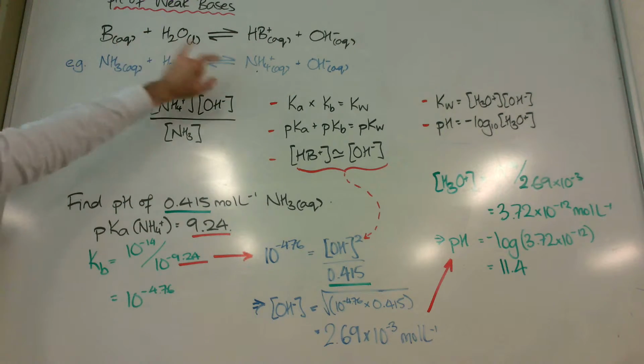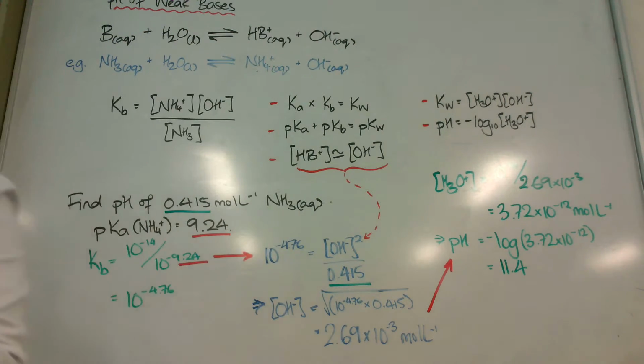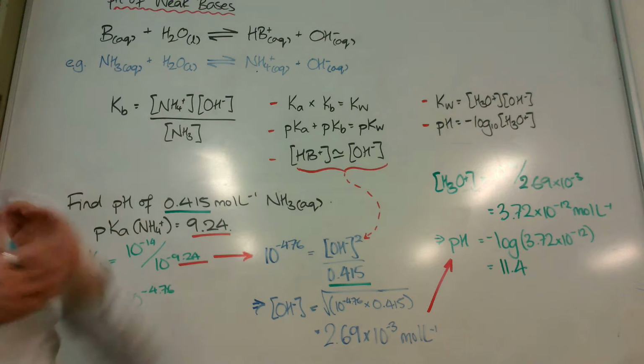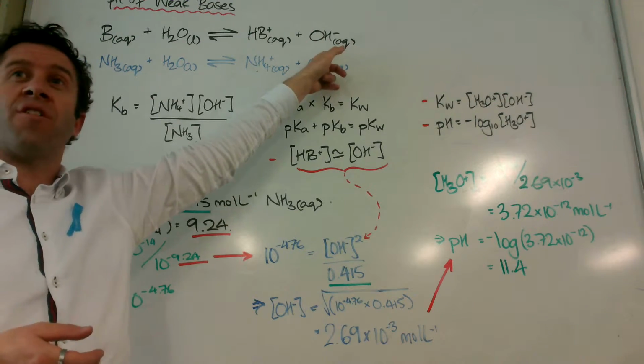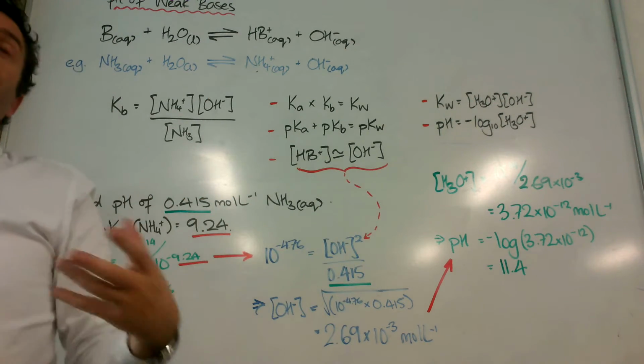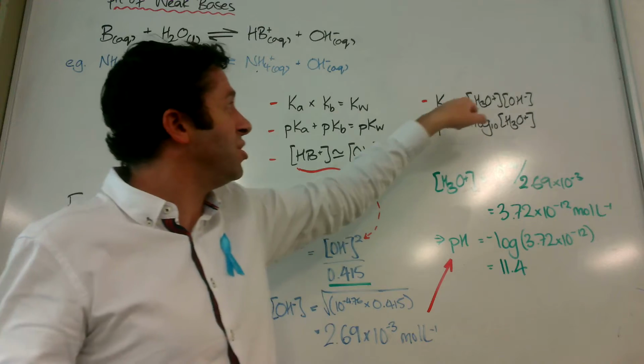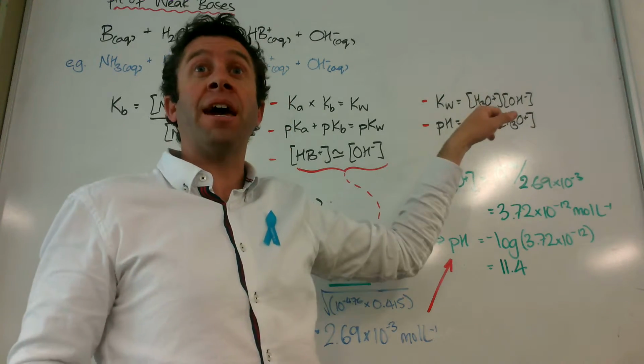So if we can show an equation that makes hydroxide ions, we know that we've got our starting point for working with bases. With a strong base, this would be an arrow, not an equilibrium system. And so whatever the concentration of our base, we'd end up making that concentration of hydroxide ions. Then we can find our hydronium ion concentration using this, and then find our pH.